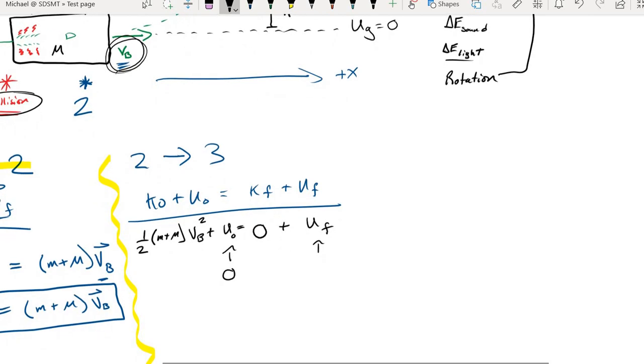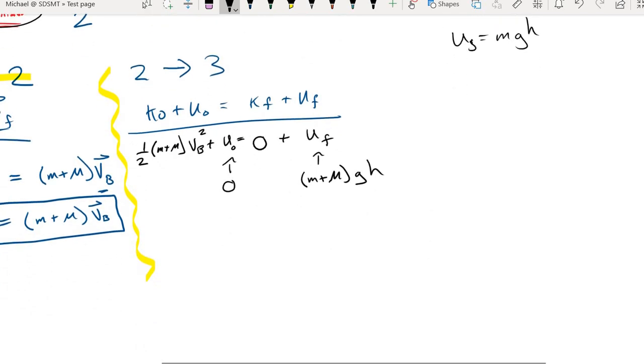So that becomes the combined mass of bullet and block times g times h, because gravity potential is measured as mgh. A little bit of cleanup here. 1/2 little m plus big M VB squared equals little m plus big M gh.